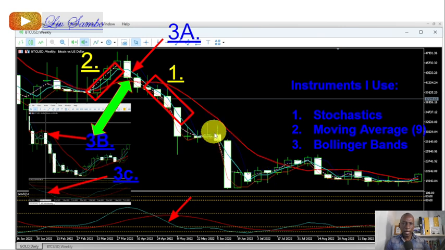You'll see here, as I prepared this slide, here in number 1, I was showing that once you have a candle that starts crossing or being crossed by the middle Bollinger Band.